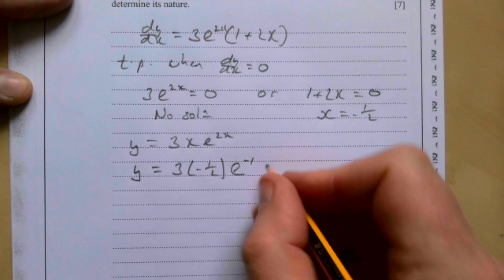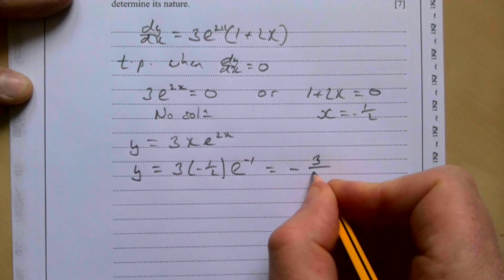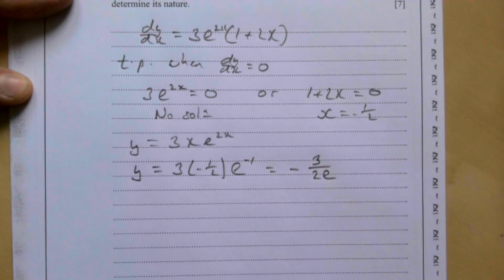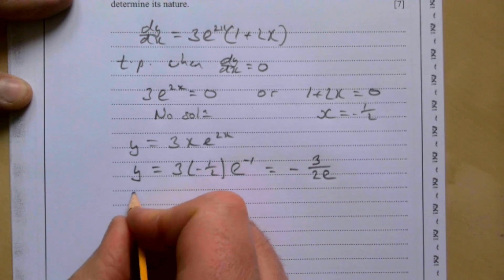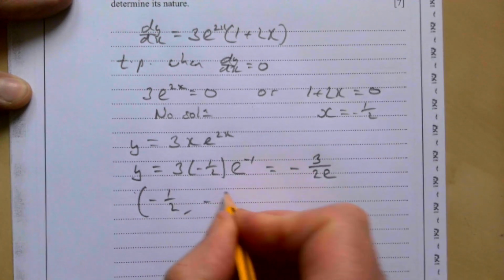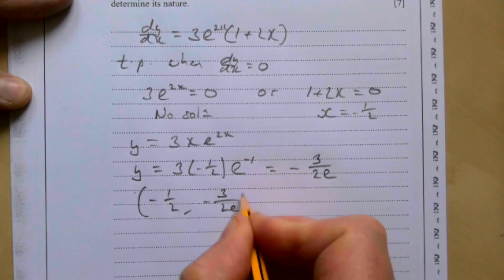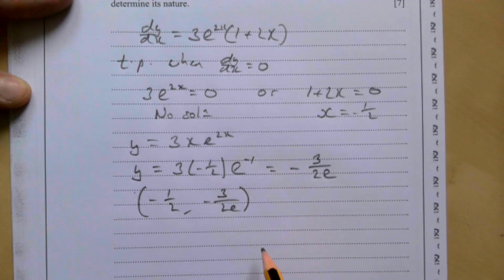That would tidy up to give me minus 3 over 2e effectively. So my coordinates then are minus a half, minus 3 over 2e. You put that into your calculator and get a number out. I think it's like minus 0.552 or something like that. So we'll have to find that.